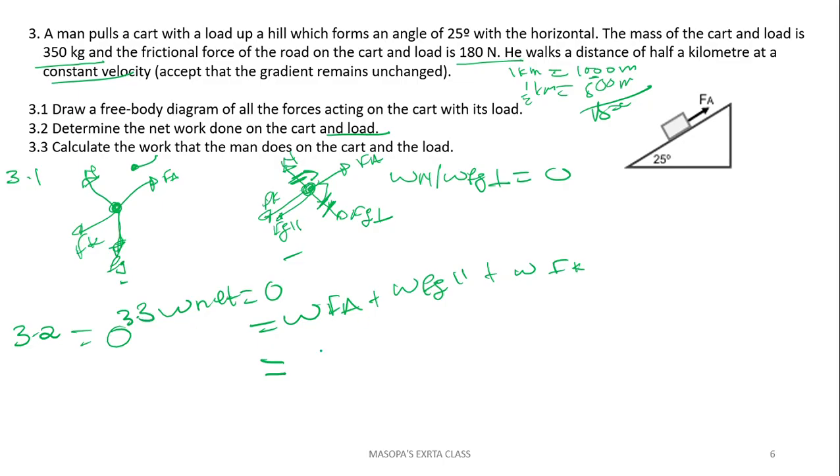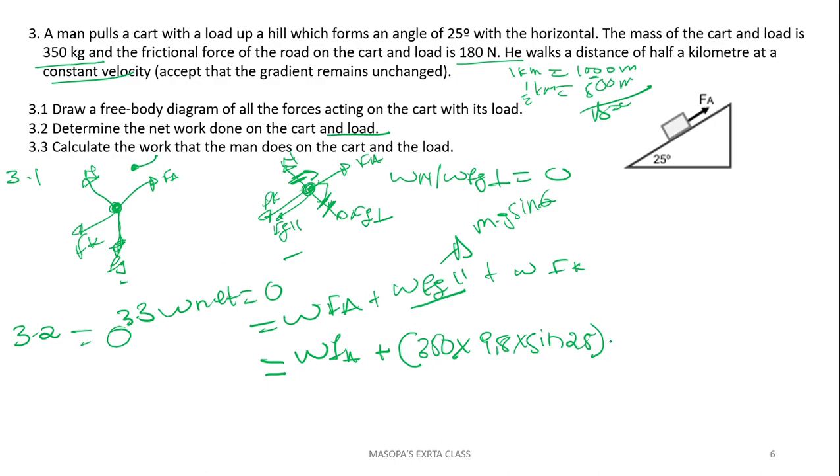So work done by the force applied, you are looking for that, plus we know Fg parallel is going to be, let's make a bracket, mg sine of theta. So basically you can say 350 times 9.8 times sine of 25, and it's going down, meaning that you're going to use cos 180.